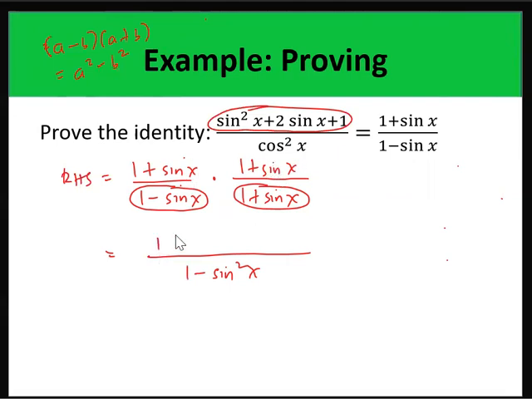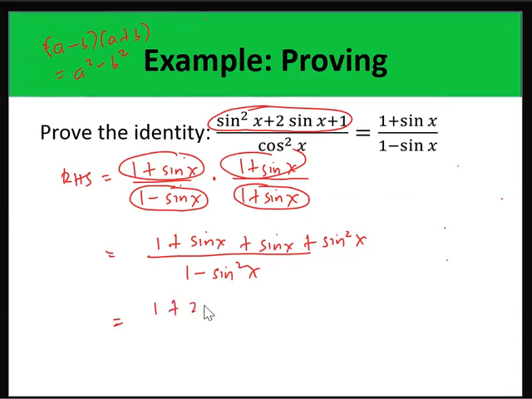So that's going to be 1 plus sine x plus sine x plus sine square x. That's when we use the FOIL method for this thing. So combining the middle terms sine x and sine x, we get 1 plus 2 sine x plus sine square x. And replacing 1 minus sine square x by cosine square x will prove the identity because this thing is our left-hand side.